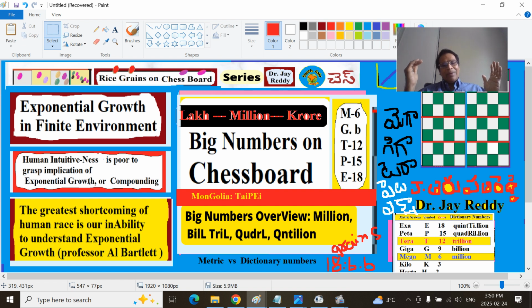Today we would have enough money to run the Indian government without any tax for 2-3 years, something like that I read, but the numbers are not that critical. The greatest shortcoming of the human race is the inability to understand exponential growth.